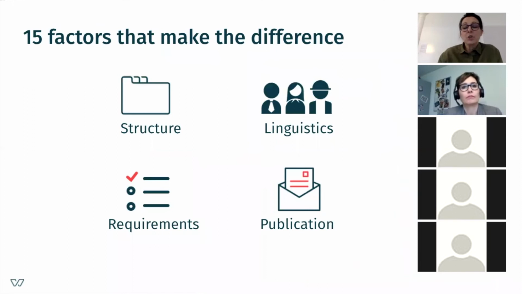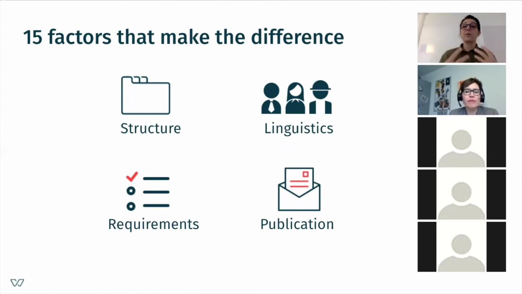There are in a job ad actually 15 factors that make a difference if it's inclusive or not, if we now look specifically at the job ad. First, how you structure your job ad makes a difference. And we've seen in studies with our own focus groups that, for example, the description of your company culture or also the description of your recruitment process is crucial for diverse talent.